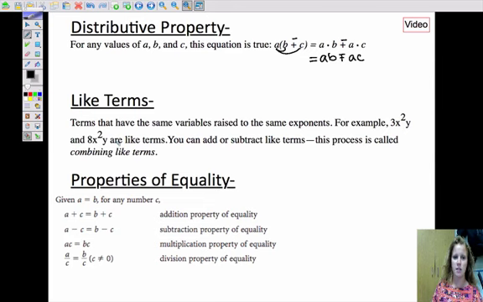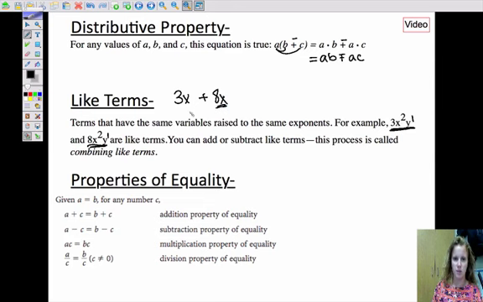Like terms: a term has the same variables raised to the same exponents, okay? So for example, 3x squared y is a term, and that would be y to the first power, and 8x squared y to the first power are like terms. In a simpler version, 3x plus 8x.